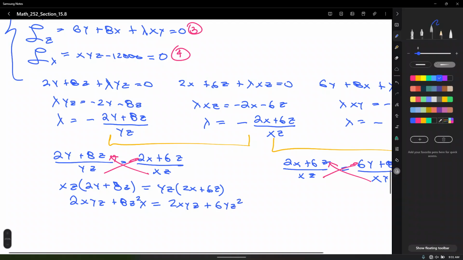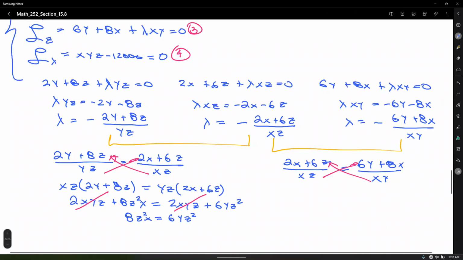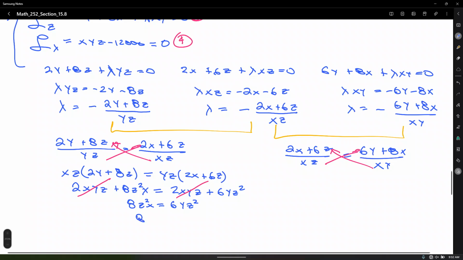So the nice thing about this, 2xyz are on both sides. We can cancel them out. And 8z squared x equals 6yz squared. Well, we could divide out the z squareds. So in this case, that's going to leave us with 8x equals 6y.